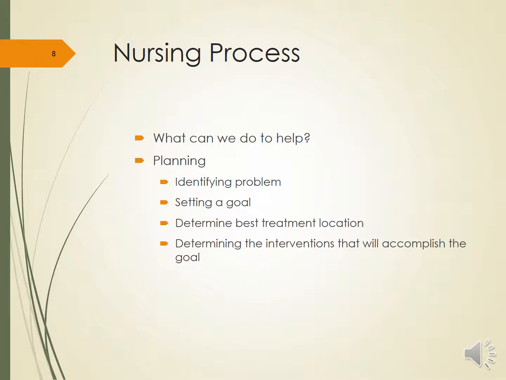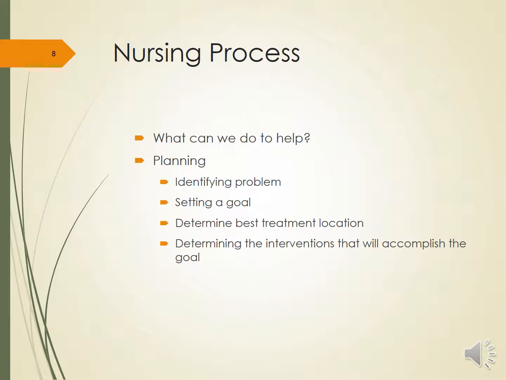So when we're looking at our patients that are addicted, we want to identify their major problems and decide what we want to do for them. And then we may also need to decide where would we recommend they go to get this treatment and what type of interventions are going to help them. Some of the things we need to look at is, are they withdrawing?